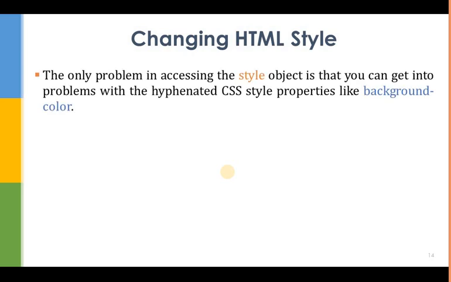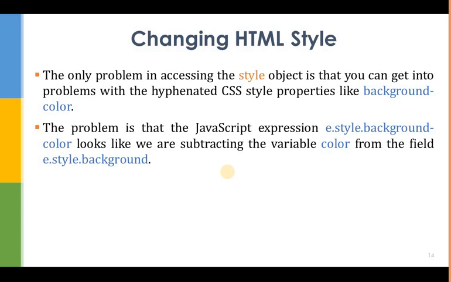The only problem in accessing the style object is that you can run into problems with hyphenated CSS style properties like background-color, which use a dash in the property name. The problem is that the JavaScript expression e.style.background-color looks like we are subtracting the variable color from the field e.style.background.